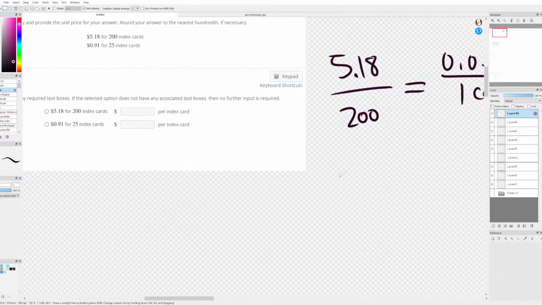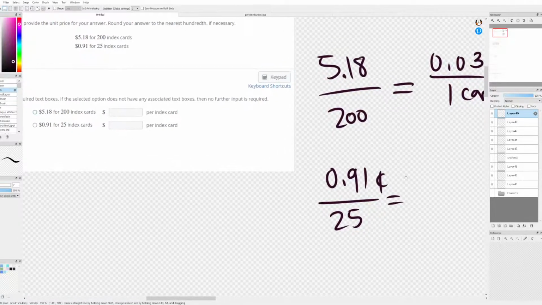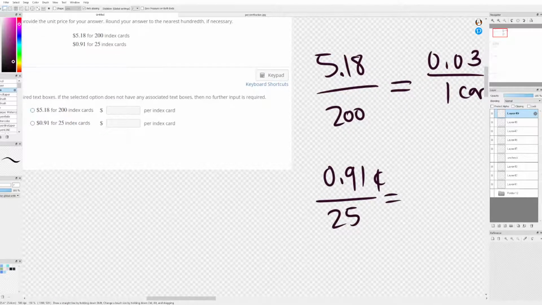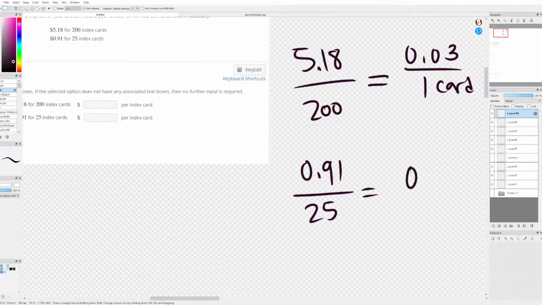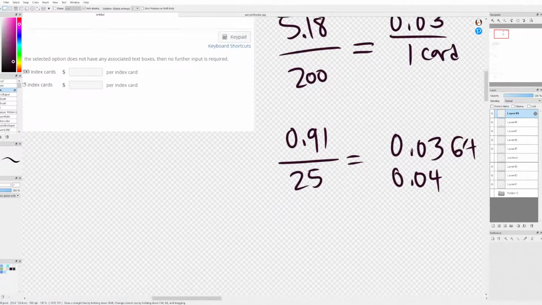For this other one, we have 91 cents per 25 cards, which will give us 91 divided by 25. Whoops, I think I did something wrong here. I accidentally forgot the decimal. So, which will give us 0.0364, which will give us 0.04, which is 4 cents.